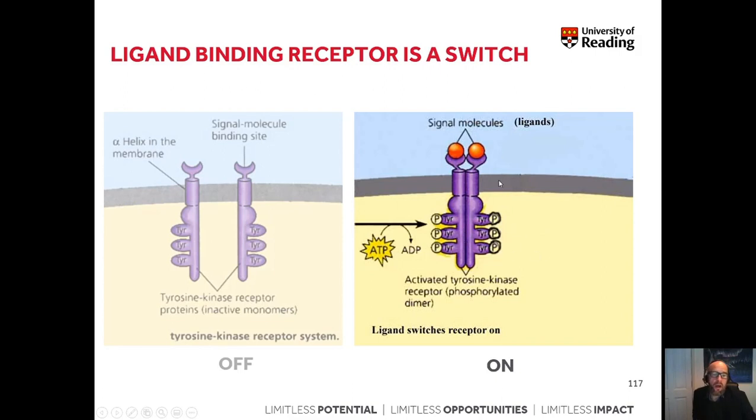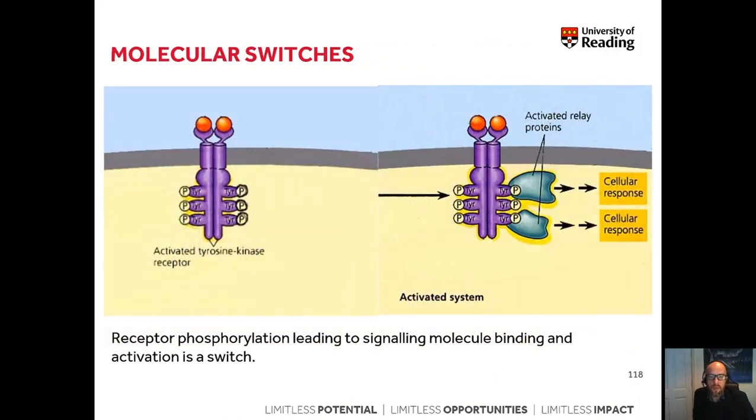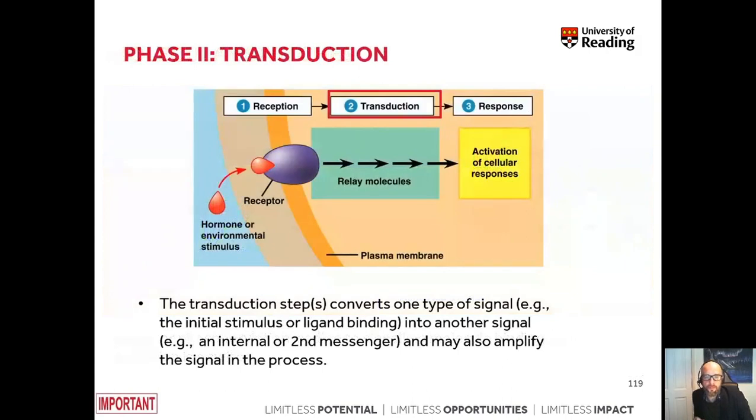This in turn activates the kinase activity present on the receptor, and the switch is on. After the system is activated, this activates relay proteins, produces second messengers, and this leads to the ultimate cellular response.